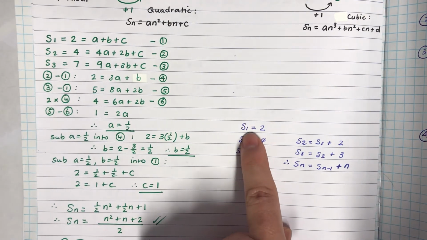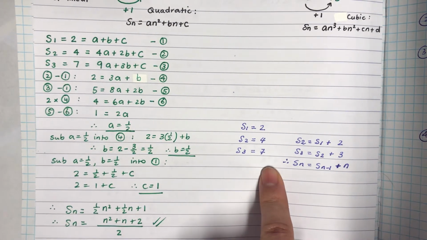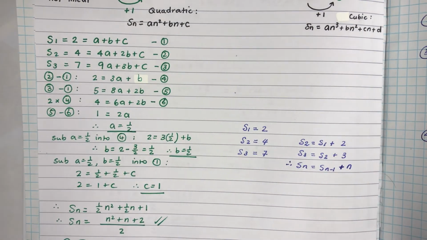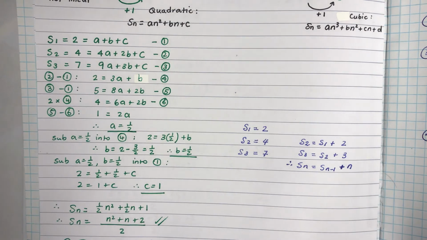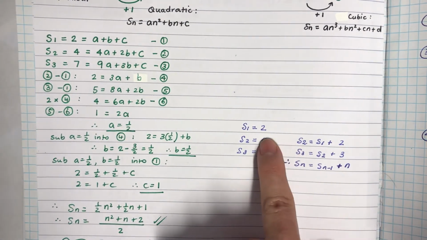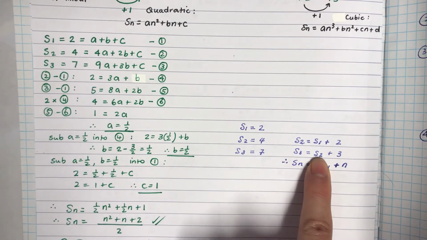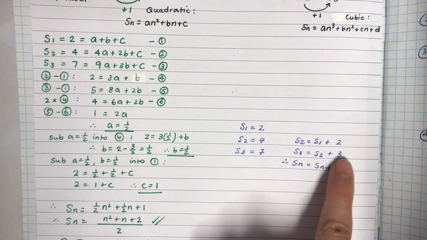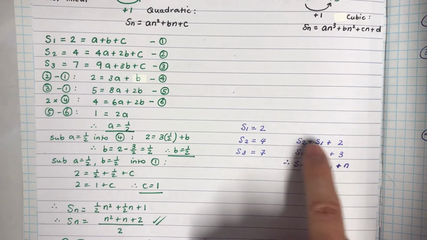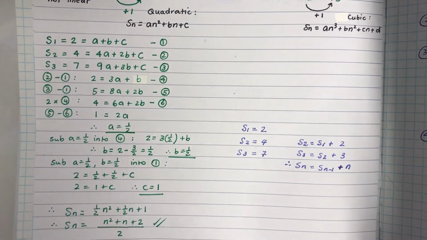S1 was 2, S2 was 4, S3 was 7. If you look at the pattern of that, S2, the second term, is S1 plus 2, because S1 was 2, plus 2 is 4. S3 is the previous term plus 3. So I can make a pattern out of this. Just remember that because we're going to use it.